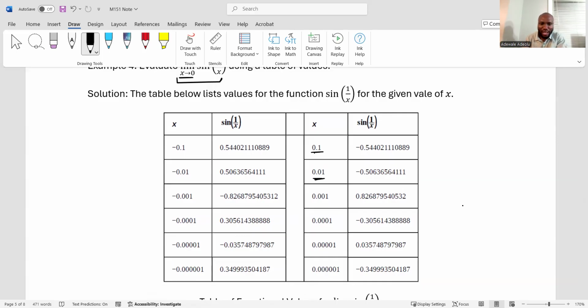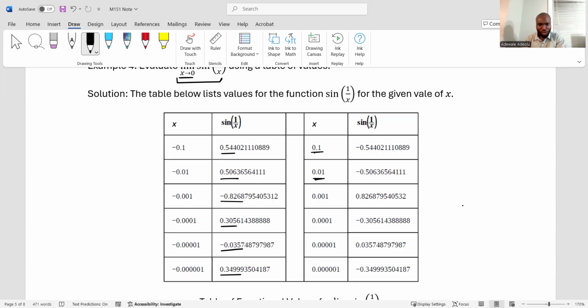Now let us study the y value when you plug it in and use your calculator to evaluate that. Here we have 0.54, 0.50. All of a sudden, we go to negative 0.82. All of a sudden, we are back to positive. Go back to negative, back to positive.